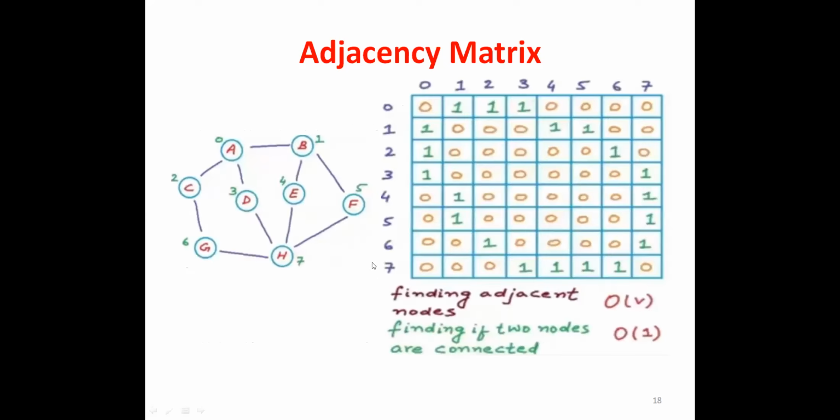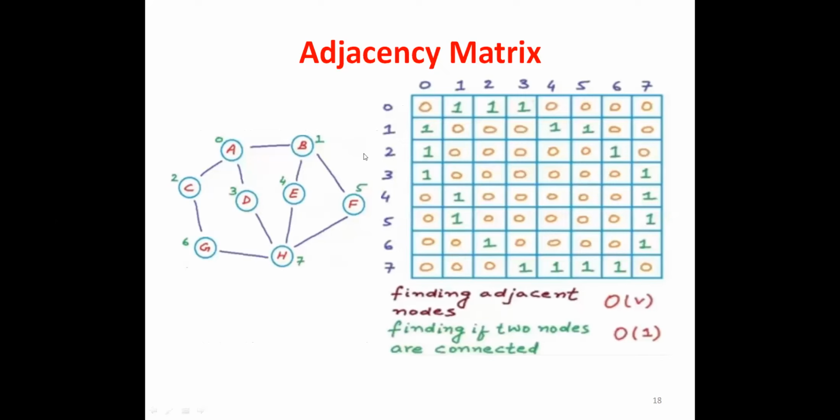Okay, so this is an example of another graph where we are going to represent the vertices and the edges in matrix format. All the ones represent the connection between two vertices.